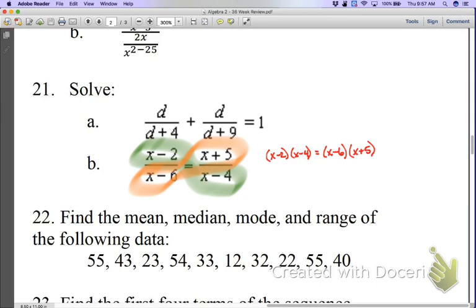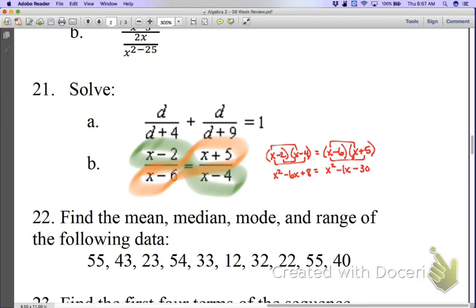So when we multiply, we get x squared. That's negative 4, negative 2 is negative 6, x plus 8 equals x squared. That is 5 minus 6, so negative 1x minus 30.